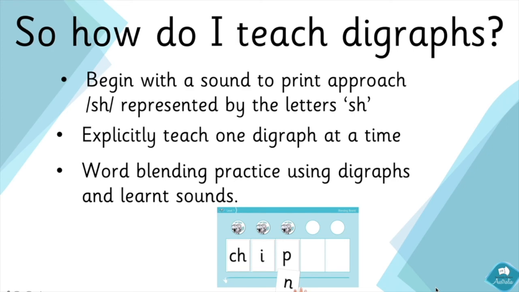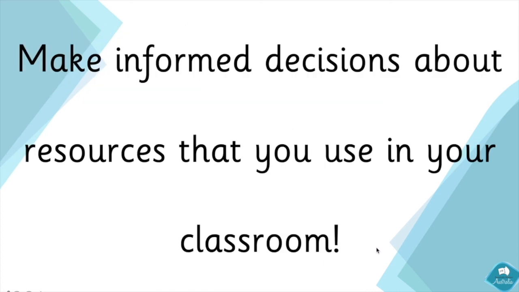So if I am introducing the CH sound, the other sounds that follow are represented by letter sound correspondences that I have explicitly taught. So I wouldn't use the word church if I haven't taught the sound being represented by U and R. So I keep the letter sound correspondences in my blending work, as you can see here, using words that I know students will be able to decode.